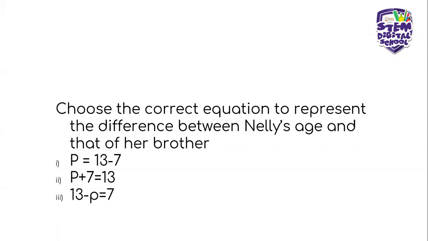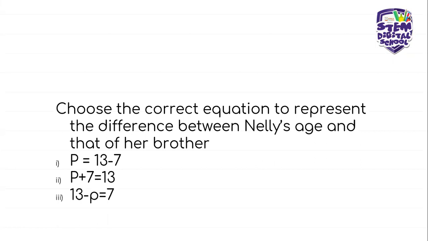I think it will be good if you demonstrate the relationship between these numbers by writing them down. Now, I'm going to zoom directly into the first one. It says P, and P is the brother's age. P is equal to 13, which is Nelly's age, and then minus 7.